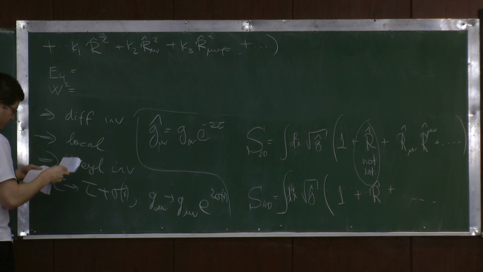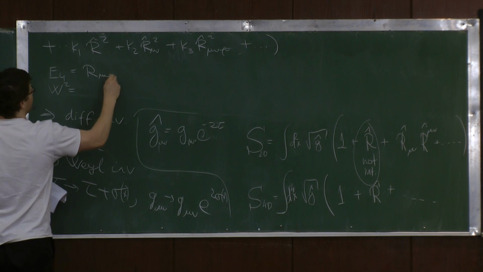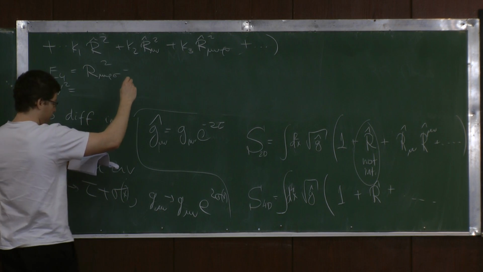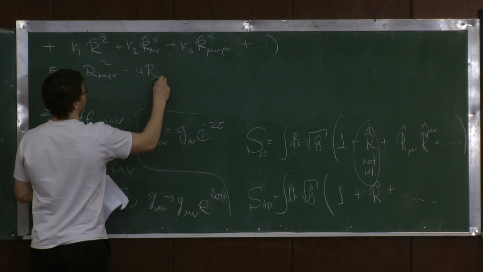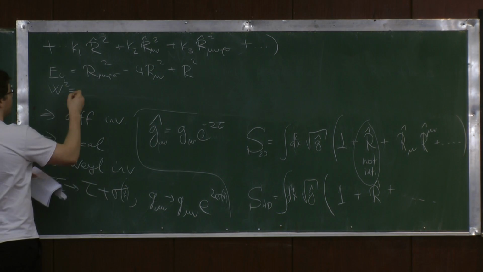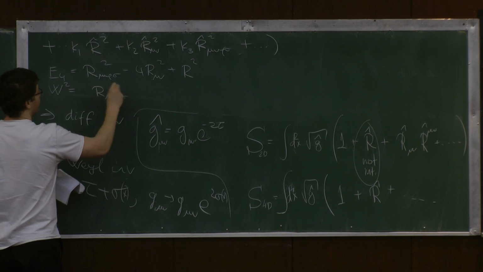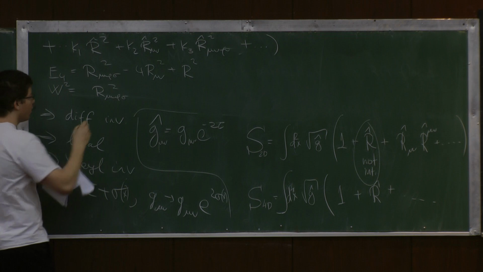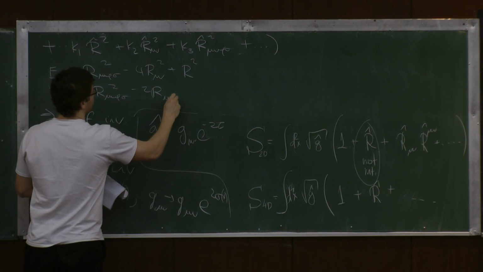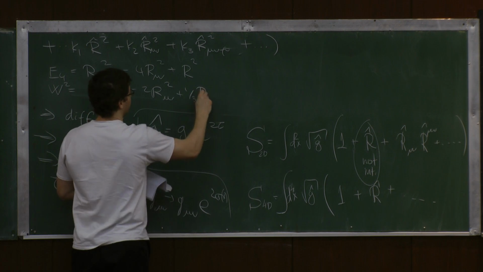The Euler density E4 is the Riemann squared, minus 4 Ricci squared, plus the Ricci scalar squared. And the Weyl tensor squared is given by R mu rho sigma squared minus 2 R mu squared plus a third R squared.